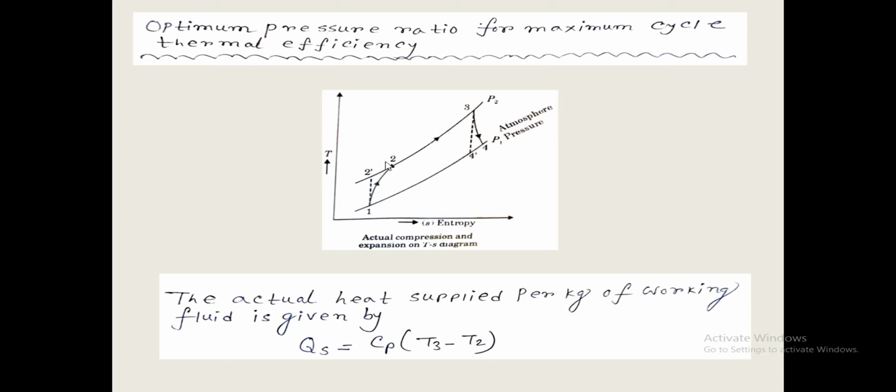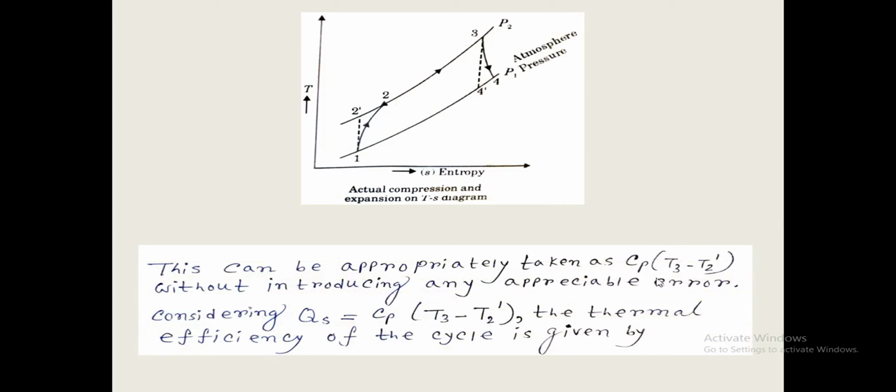This can be appropriately taken as Cp into (T3 minus T2 dashed) without introducing any appreciable error. Considering heat supplied equal to Cp into (T3 minus T2 dashed).